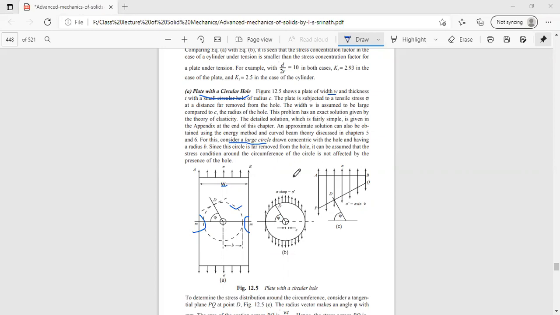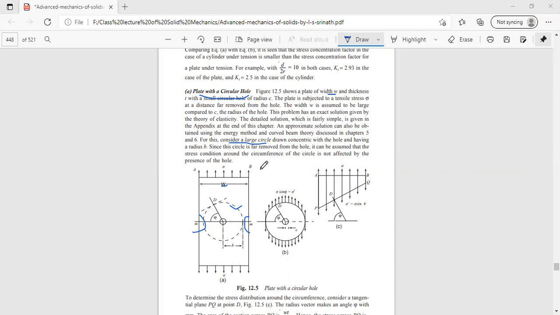Let us consider a large circle drawn concentric with the hole and having a radius B itself. Now, since the circle is far removed from the hole, B is much larger than C itself.